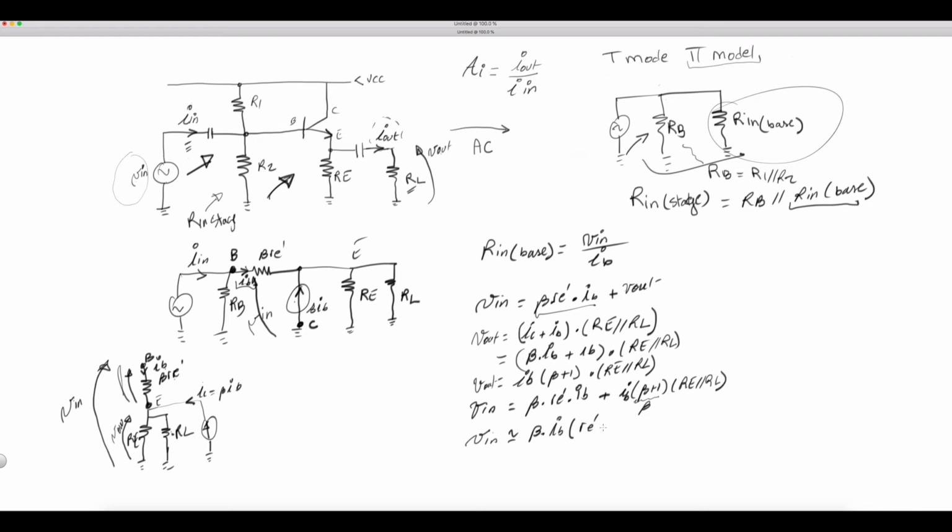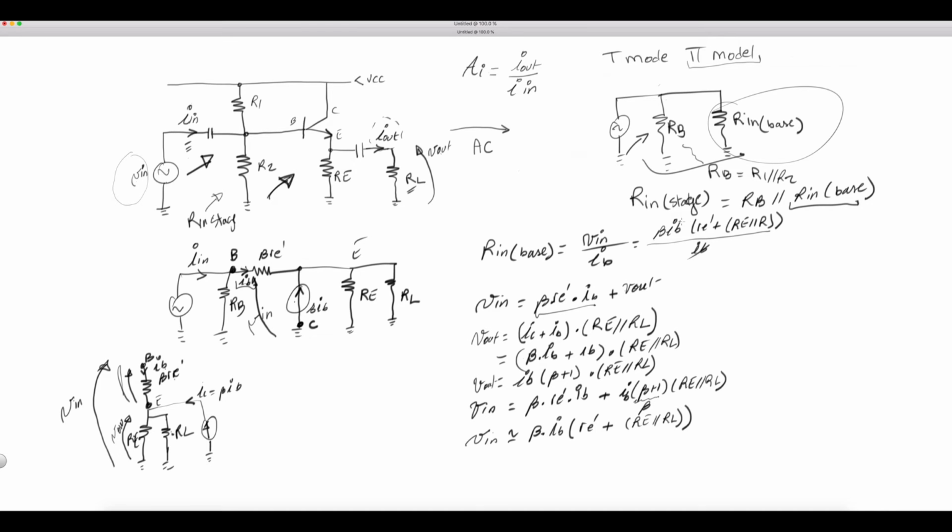Times RE prime plus RE in parallel with RL. And that gives us, so if we take this up here, that Rn is going to be the Vn we have, beta IB times RE prime plus RE in parallel with RL, divided by IB.